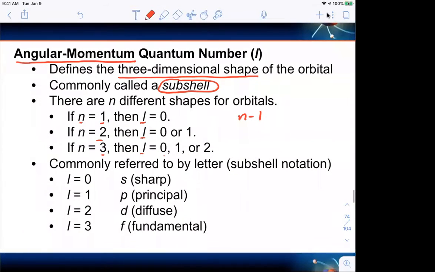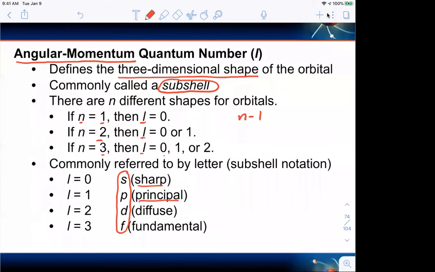Now, if you've taken chemistry before, especially in high school or maybe an intro class, you're going to notice these letter designations for the shape of the orbital. S orbitals are called S because they're referred to as sharp.